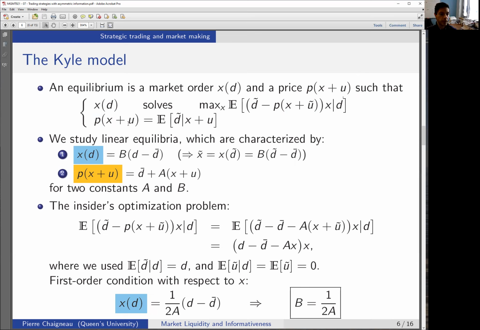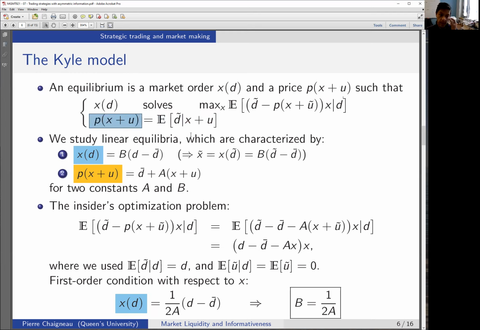So the profits of the market maker are going to be zero if and only if the profit per unit held by the market maker is zero as well. But this is the case if and only if, in expectation, the value of the asset is equal to the price.